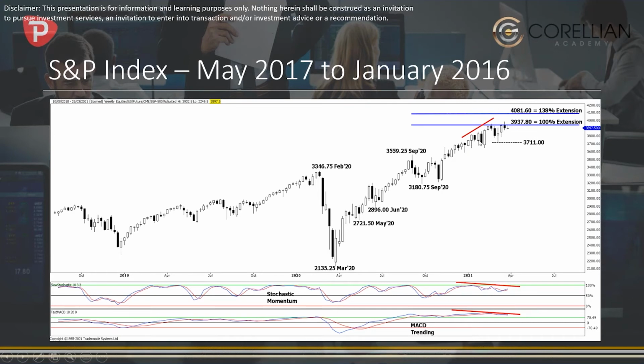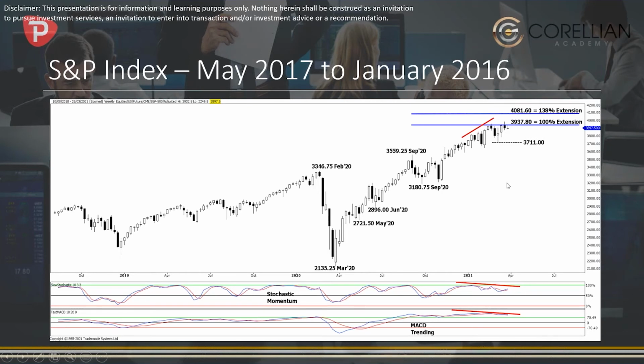So in other words, as prices made new highs to test this extension level, a natural resistance point to the current advance, prices made new highs but tested the resistance. But you'll notice that not only momentum, but also trending failed to confirm that new upside extreme in price by closing in new high ground. So this reflects the double divergence, and obviously trending backing up the lack of momentum behind this move and the fact that we aren't seeing these new highs in price confirmed by momentum and trending.